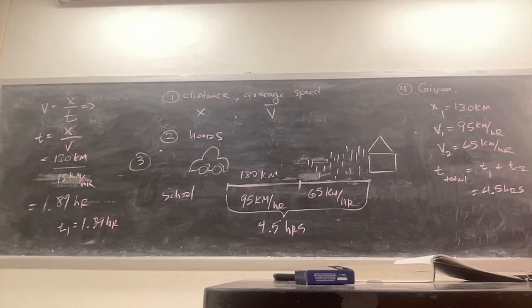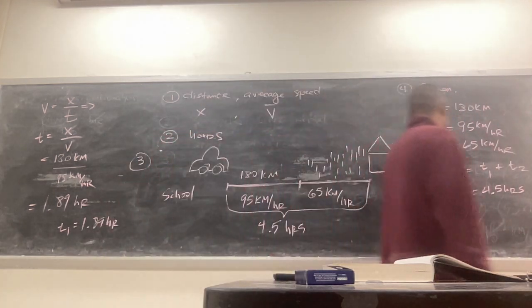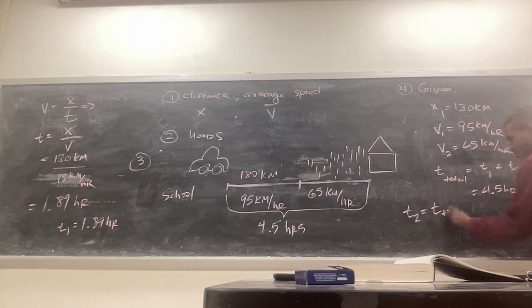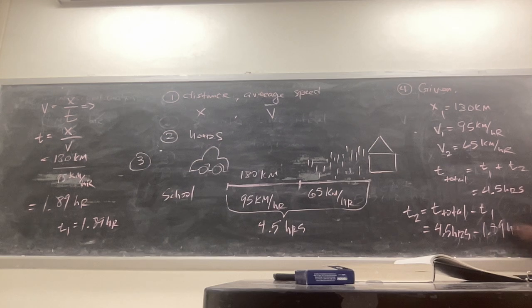So if I know T1 and I know T total, then I can find T2. T2 is T total minus T1: 4.5 hours minus 1.89 hours.